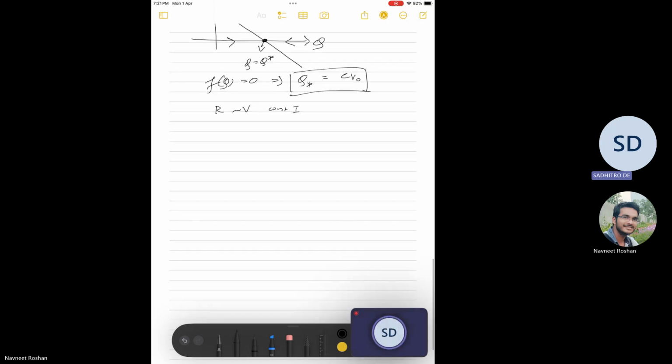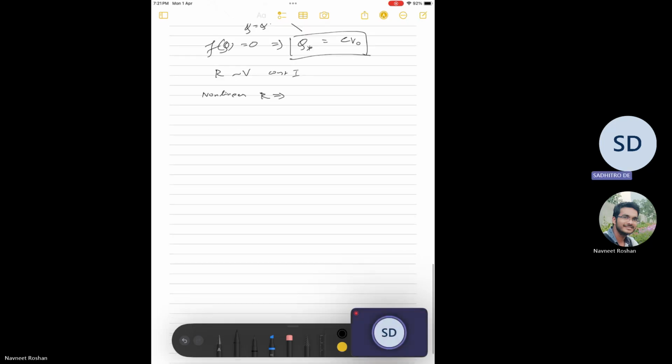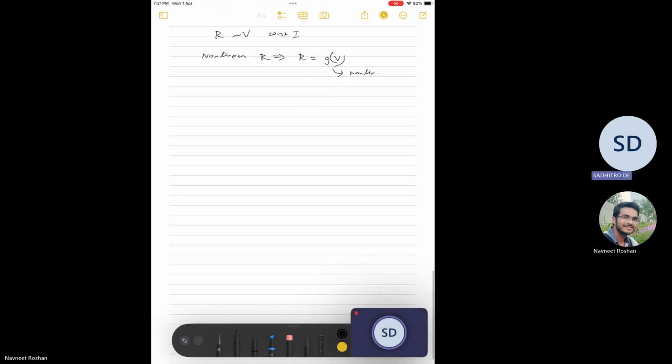So if the resistance is nonlinear, for a nonlinear resistor, we can have R as some function g of V, where this is a nonlinear function. And you will see that equations like this are especially important in semiconductor physics, where you can have nonlinear resistances.